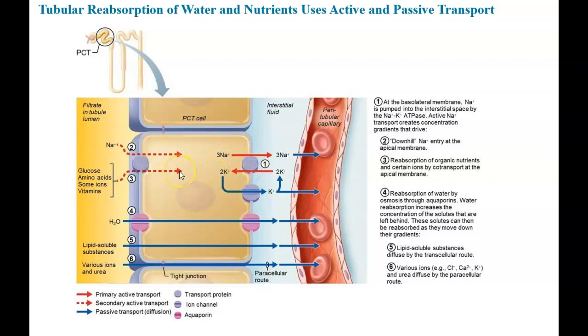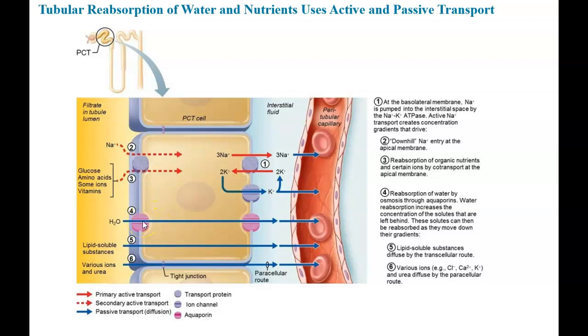And then along with sodium, there's going to be reabsorption of organic nutrients that are going to be co-transported through the apical membrane of the cell. There's also reabsorption of water by osmosis through the aquaporins. So aquaporins are little tiny pores, little proteins that create pores that allow for water to cross.